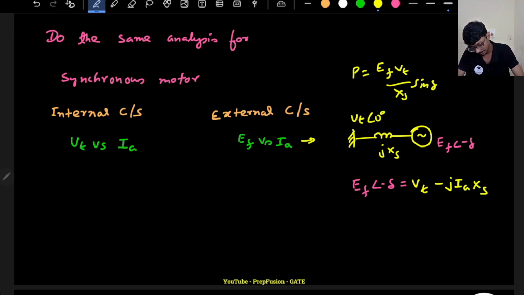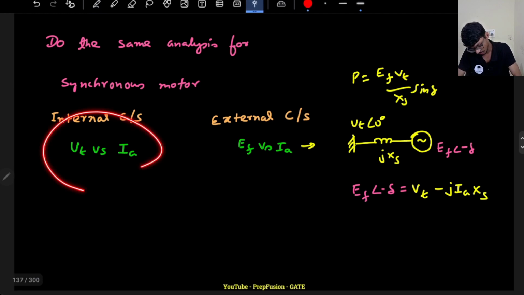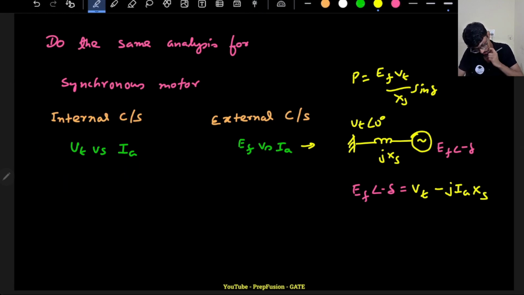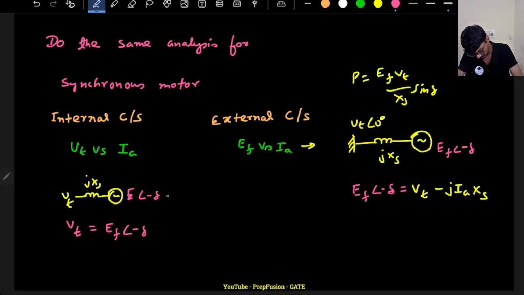And what will the circuit be here? The circuit will be the same only. I will have a Vt, and this is the E. Vt can vary this time. This is not an infinite bus. And this is my jXS. So here the equation will just be opposite: Vt equals EF angle minus delta plus j IA XS.